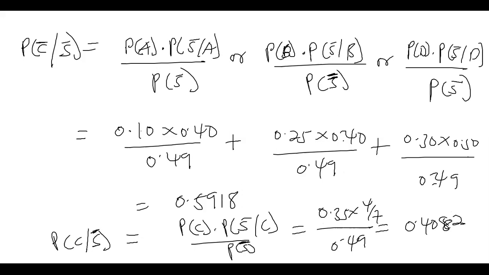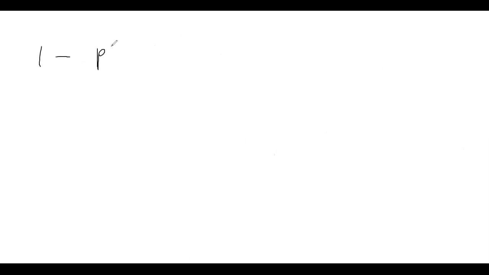But the question is looking for the probability that the firm has not increased its share price, but it's not a 3-star. So it's simply 1 minus this, the 3-star probability given that it has not increased its share price. So this will give us the probability that it is not a 3-star given that it has not increased the share price.